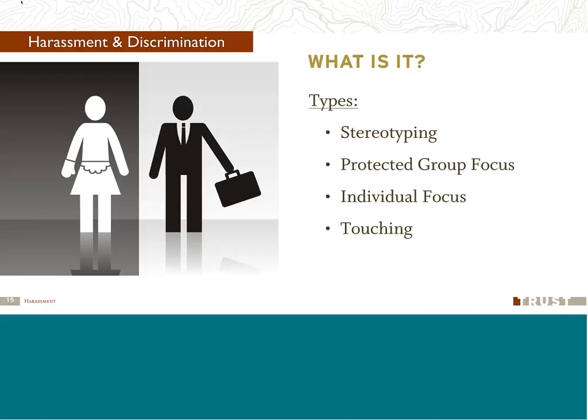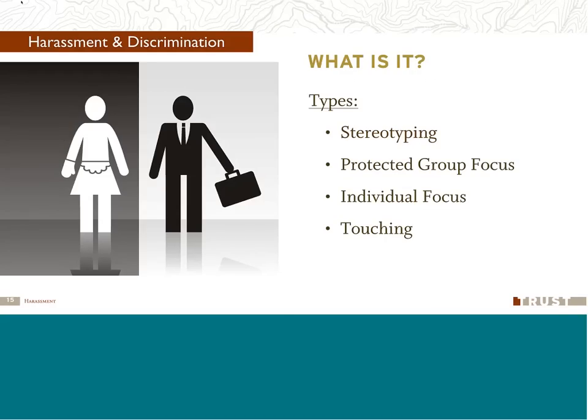So first of all, stereotyping is important to understand. Stereotyping is when we make a judgment about a person because of their membership in a specific group. So if I'm taking someone who is of a certain national origin or a certain gender, and I am deciding or making a decision about them because of my opinion of that gender or that national origin or whatever have you, I'm stereotyping that person.